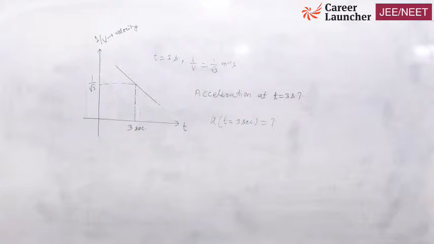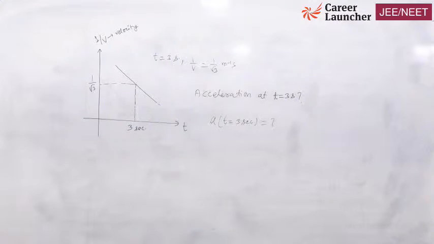But I told you that it is an integer question, so the answer should be between 0 to 9. Dipto Sen, 1 by root 3.